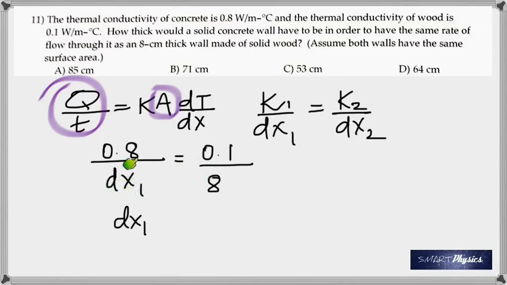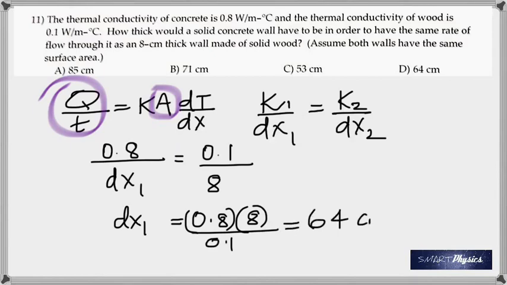The thickness of one of them is given, right? Wood. So on this side you have wood. 8 centimeters, it's in centimeters, you're going to get the answer in centimeters too. And you get it as 64 centimeters.